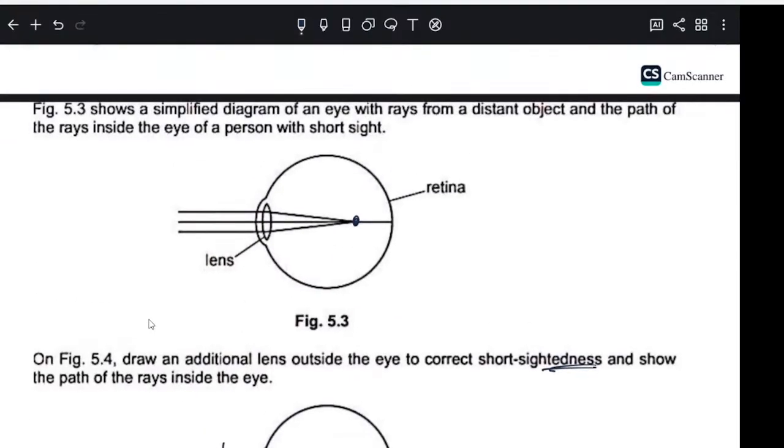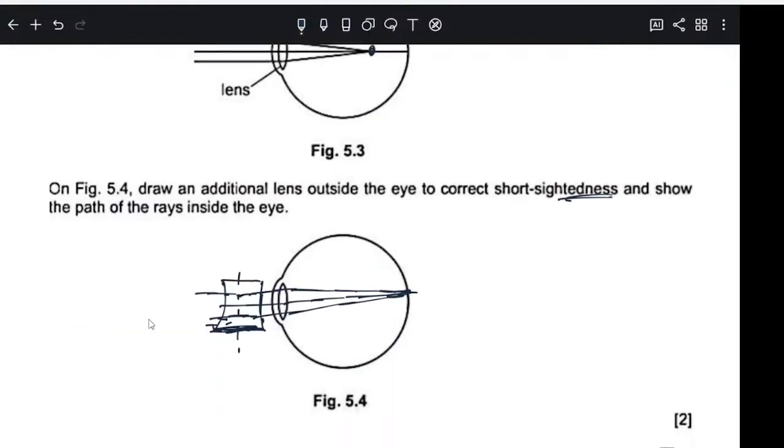How do you correct short-sightedness? What type of lens do you use? Short-sightedness. What type of lens do you use? To spread the... Yes, a diverging lens to spread the rays a little bit more. That's why you see all these rays when they came, they were spread a bit more.